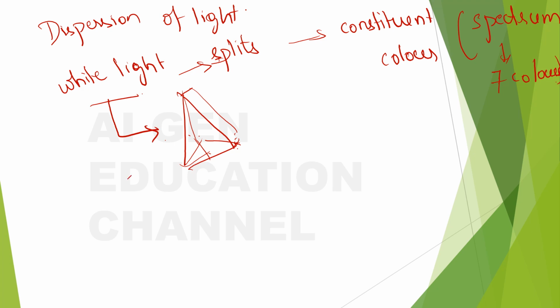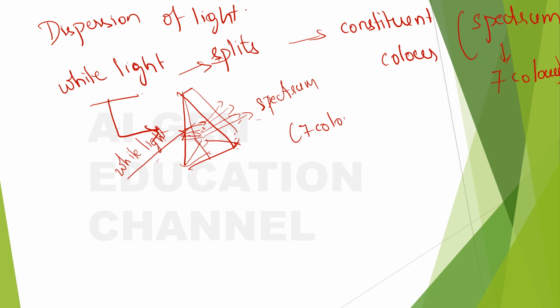When there is any ray like this, here there will be refraction, because there is a change in the medium, and again when it reaches this end, there will be a change in the medium, and so further refraction. Overall, when you send white light, what you can see is a spectrum. It has 7 colors.